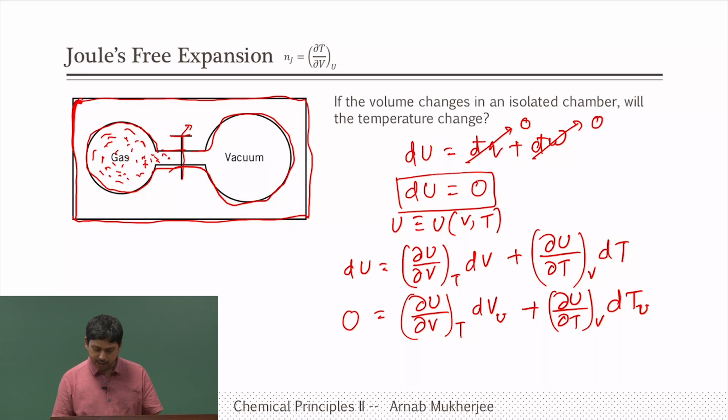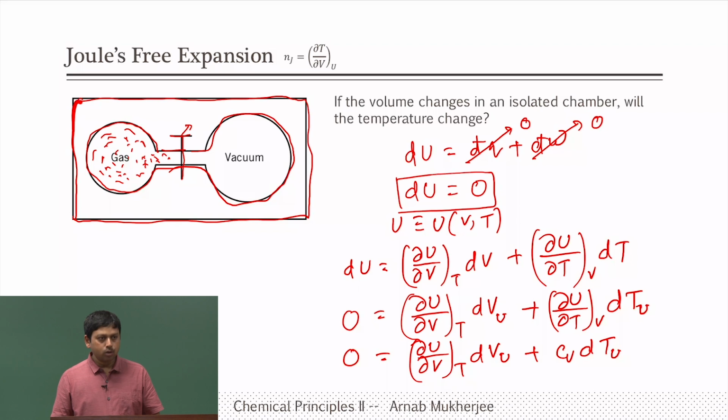You know one of the quantities: (del U by del V) at constant T dV at constant U, plus dU by dT at constant V, which you know as Cv, times dT at constant U. So, no assumption, nothing has been used till now in this derivation.